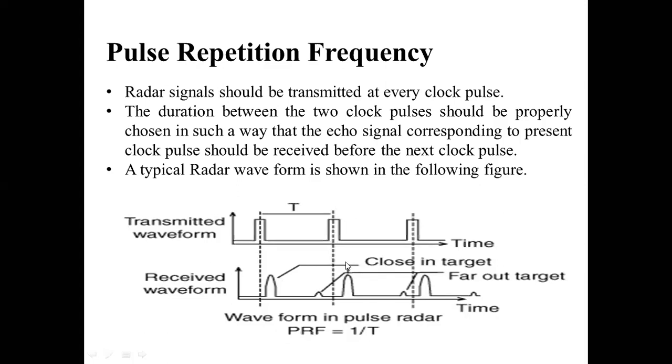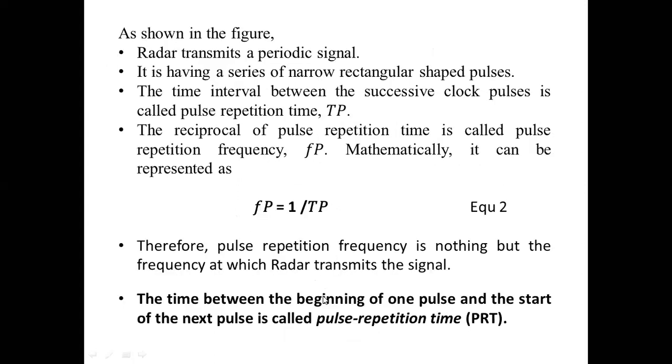In the small one, it takes more time to receive the echo signal, so that means the target is far away from the radar system. That's why I represented a large echo signal and a small echo signal. Okay, is it clear? And next.